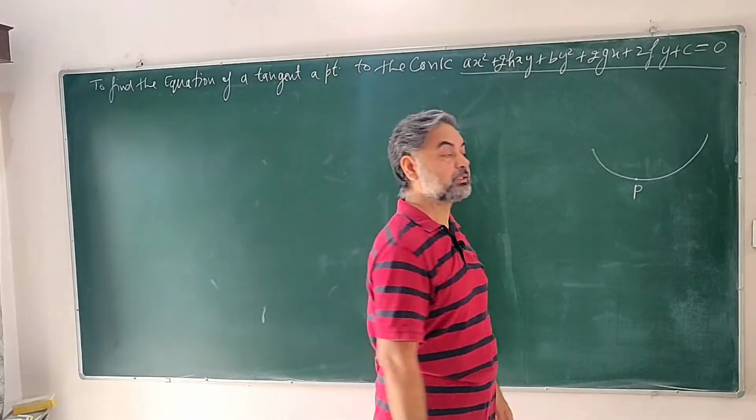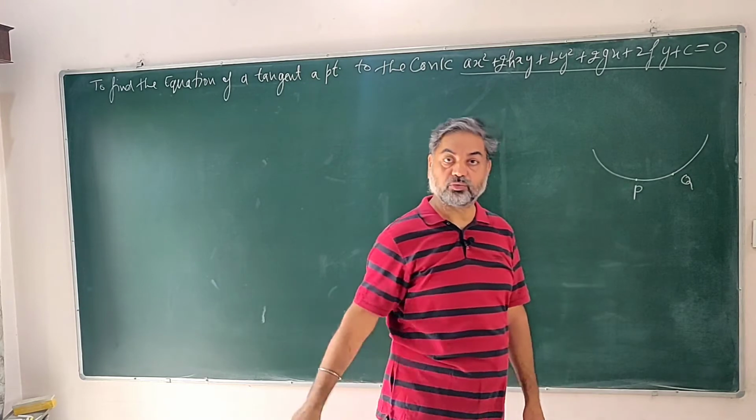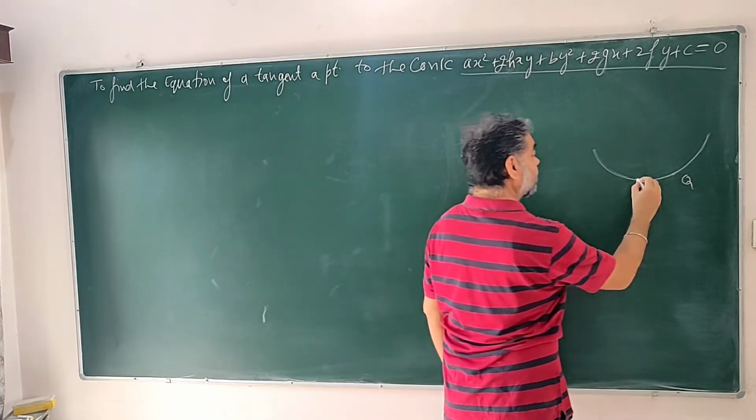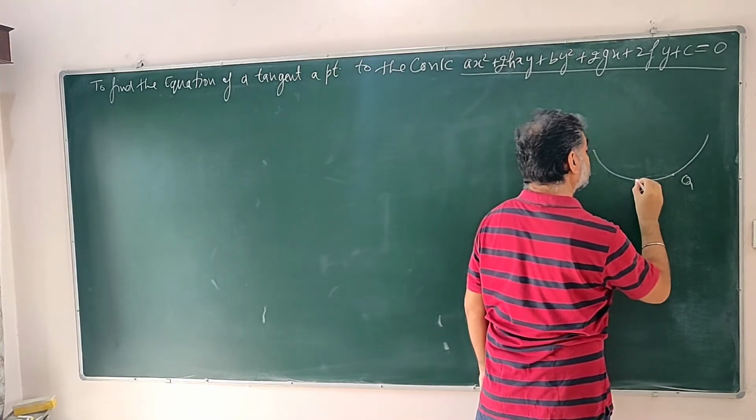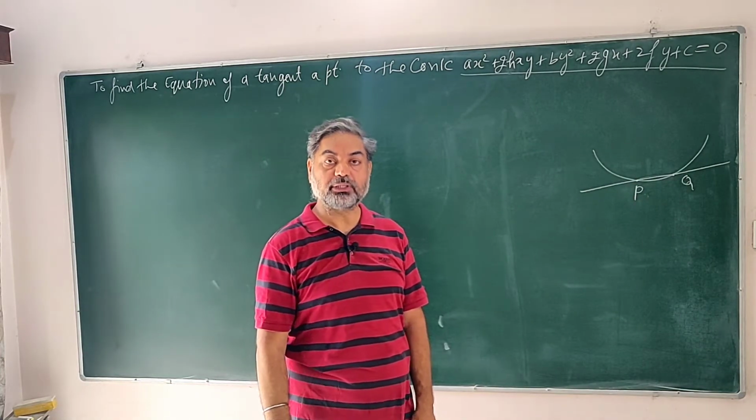Then what is the tangent? Suppose we have a neighboring point Q on this conic. If you join P and Q, we have the chord PQ.